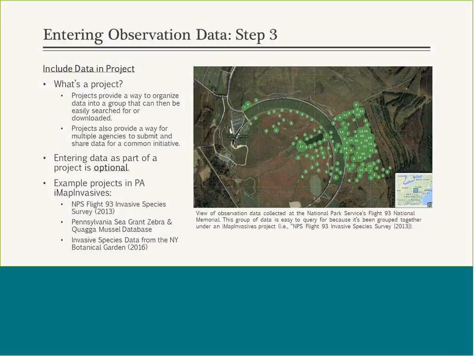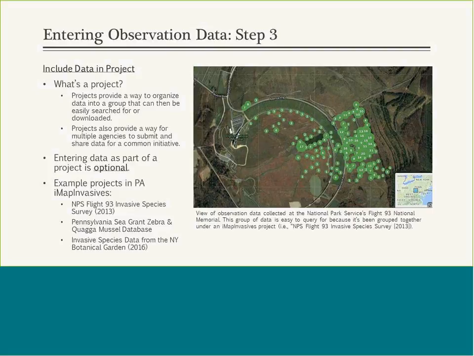Examples of data that we currently have as projects include data that was part of an invasive species management plan done at the Flight 93 National Memorial. We also have data in a project that's been contributed by the Sea Grant's Zebra and Quagga Mussel database.